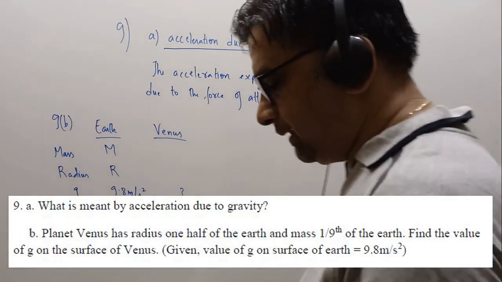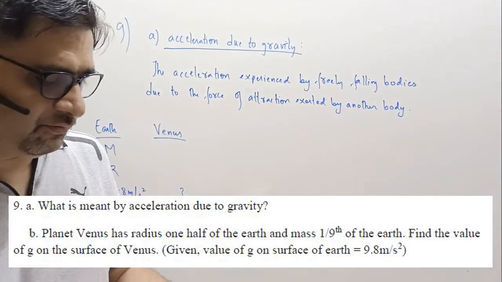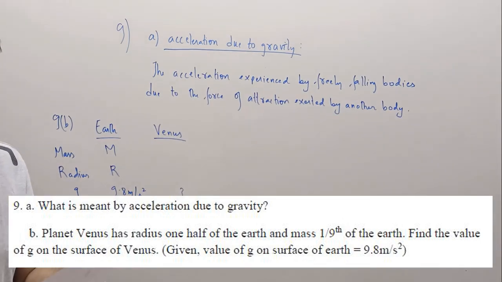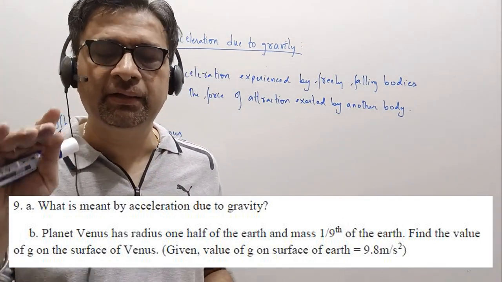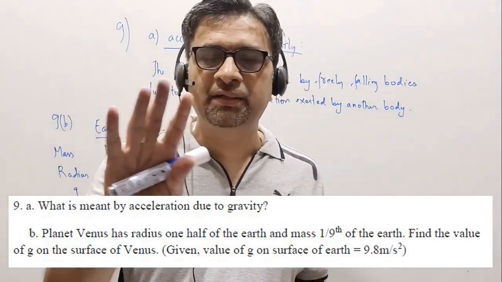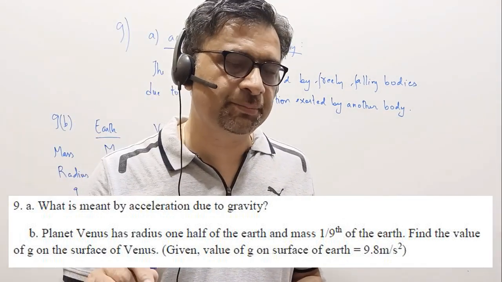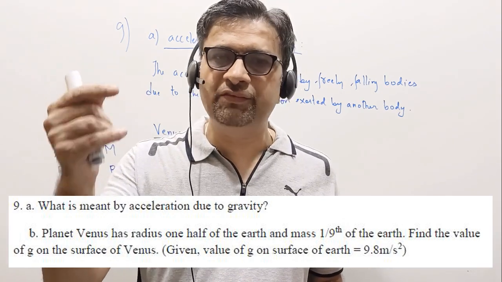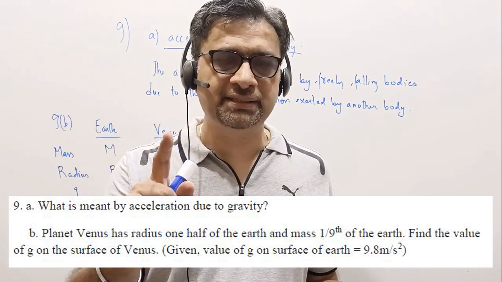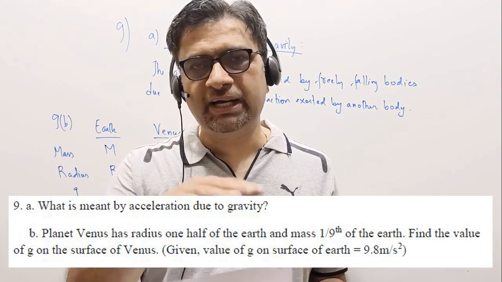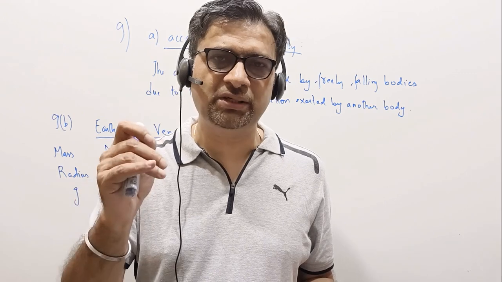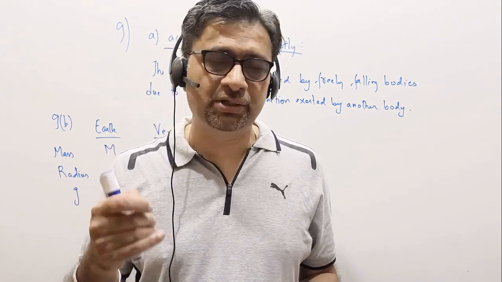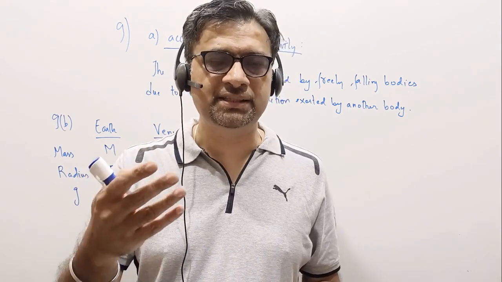So question number 9, it talks about acceleration due to gravity. Question number 9a, acceleration due to gravity. Now I'll just declare one misconception that I have seen students come across. They usually relate acceleration due to gravity only to Earth. That's not the case. Let's have a generalized definition which does not explicitly say Earth in the definition, because acceleration due to gravity exists even at other places.